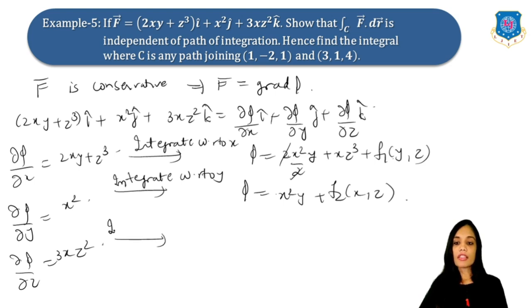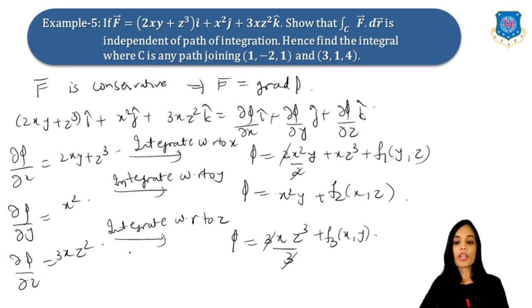And lastly, integrate this with respect to z. So phi will be finally 3 into x into z cube by 3 plus f3 of x comma y. Write each term once, and the scalar potential phi will be x square y plus xz cube plus c. Okay, so this is the answer of the scalar potential.